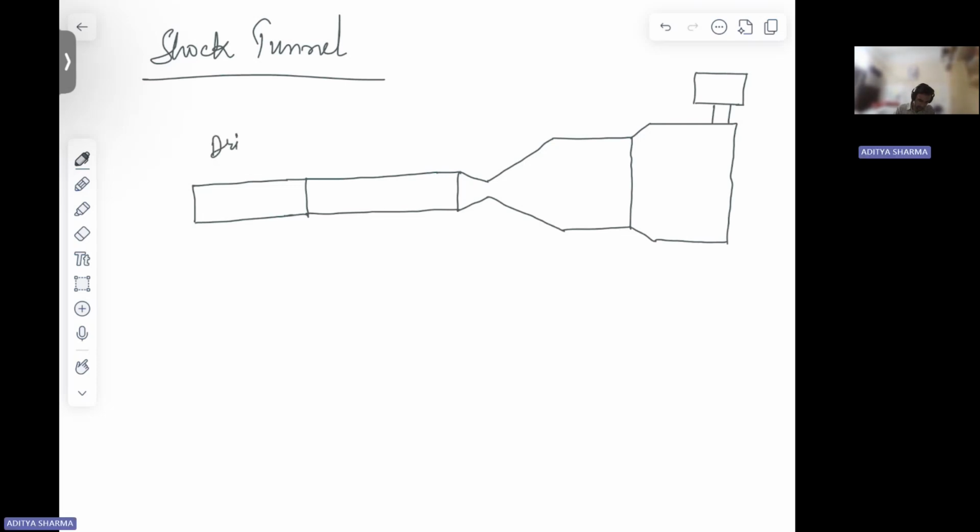So this is your driver section. This is your driven section. This is your CD nozzle. This is your test section. Then this is your dump tank.